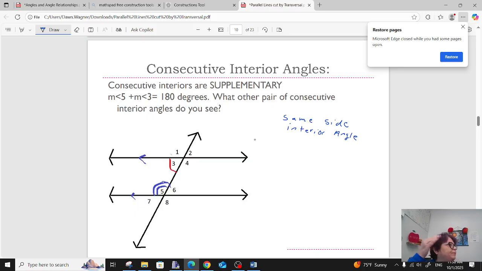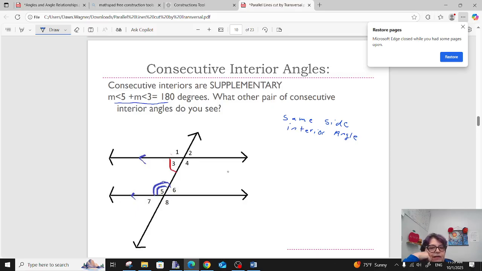Same side interior or consecutive interior, same angles, different name. It's just different geometry books call them different names. I wanted you to be aware of both, right? Sometimes I will say consecutive and sometimes I will say same side, so you have to realize that these two mean the same thing. So angle 3 and angle 5 have to have a sum of 180 degrees.